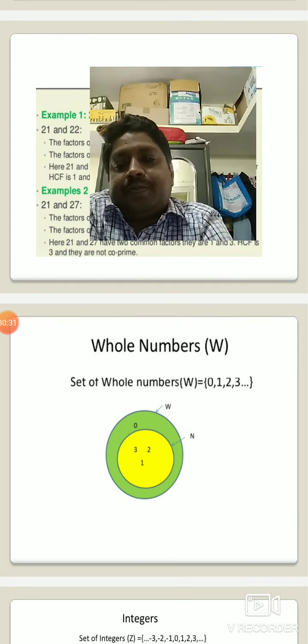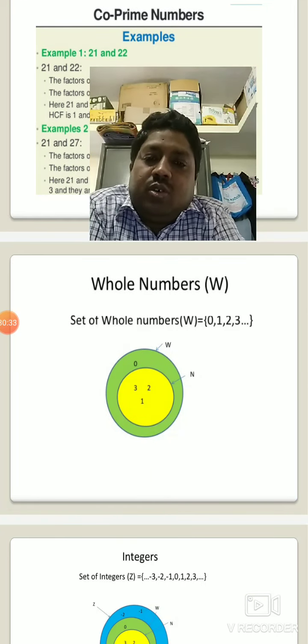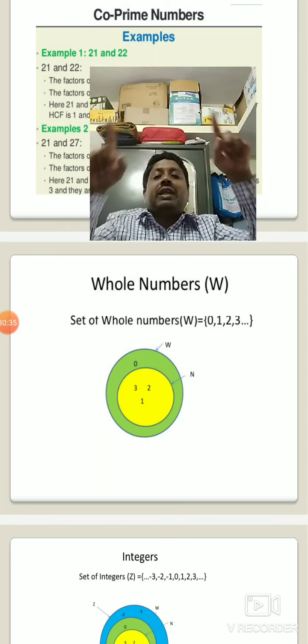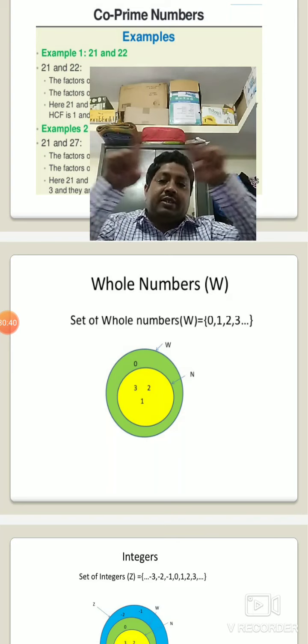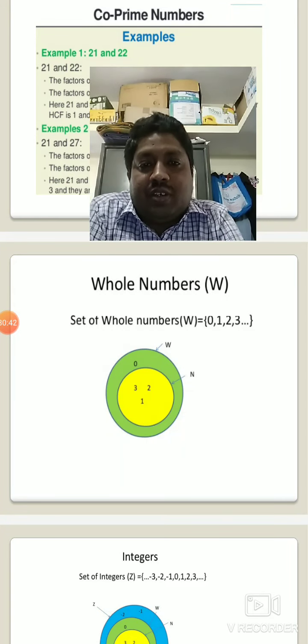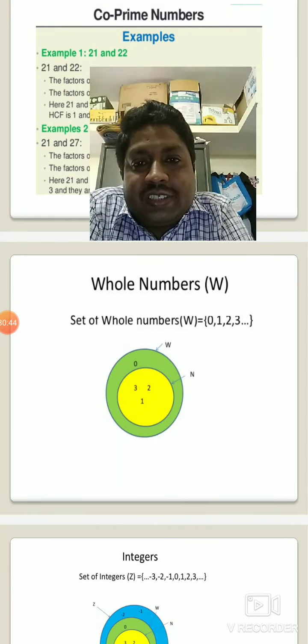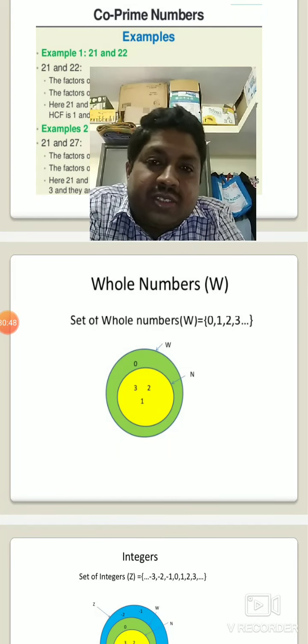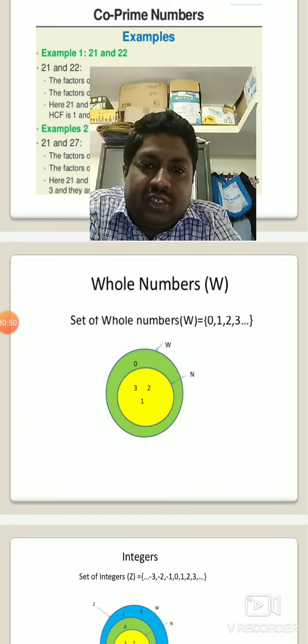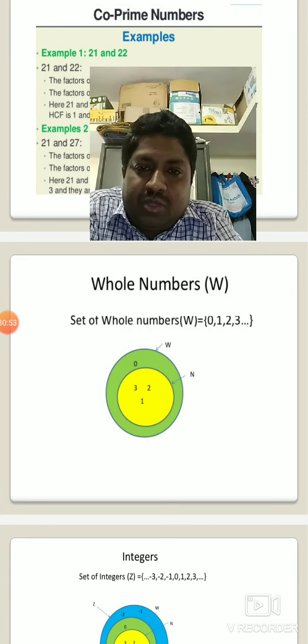Next is whole numbers. Children, whole numbers, already told, complete number. Without whole number, no number is complete. Zero, we are very proud because Indians have found zero, isn't it? The significance of zero is very important. You know that. For example, salary.